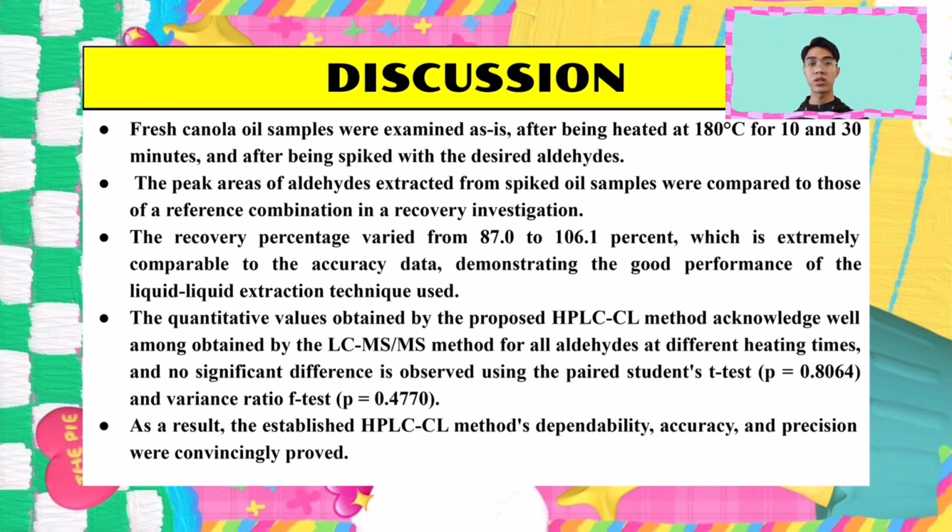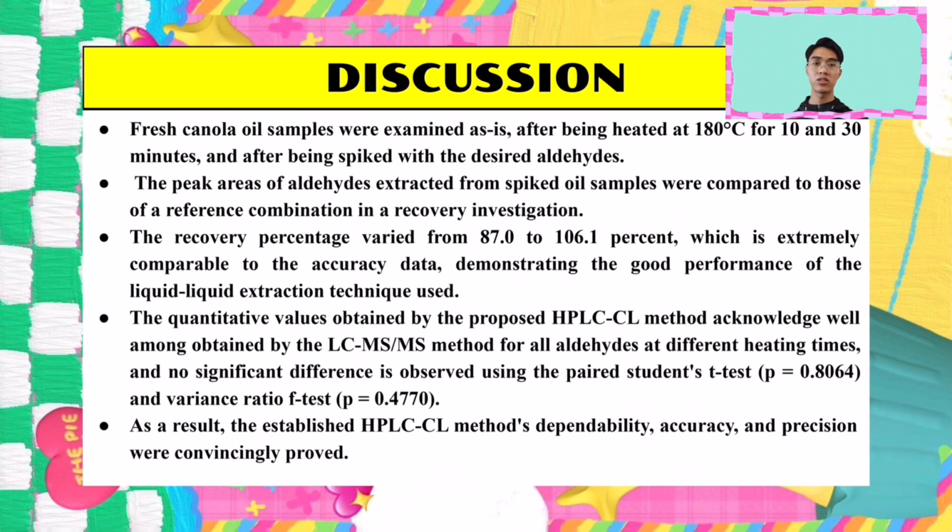When the heating duration was increased from 10 to 30 minutes, the aldehyde levels increased by roughly 1.1 to 3.7 times. The creation of aldehydes during the heating of canola oil is related to an increase in both fatty acid synthesis and oxidation, which result in high amounts of aldehydes.